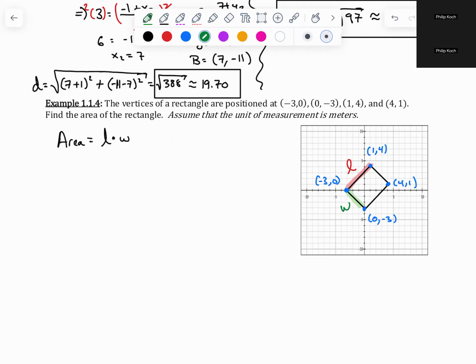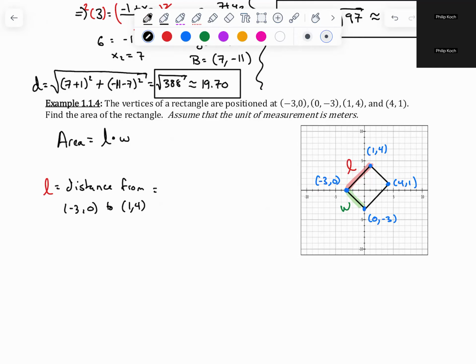The length is going to be the distance formula, which is the distance from (-3, 0) to (1, 4). L is the distance between those two points.